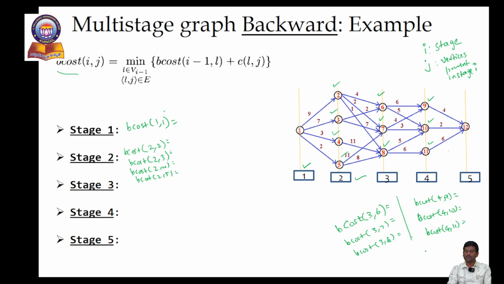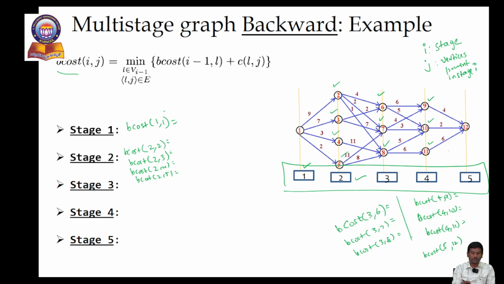And at your last stage, the stage is 5, and what is the vertex that is present? The vertex that is present is 12. So b cost of 5 comma 12. This is what you have to identify, the cost at every stage: stage 1, stage 2, stage 3, stage 4, and similarly stage 5, because we have totally 5 stages within the given graph.